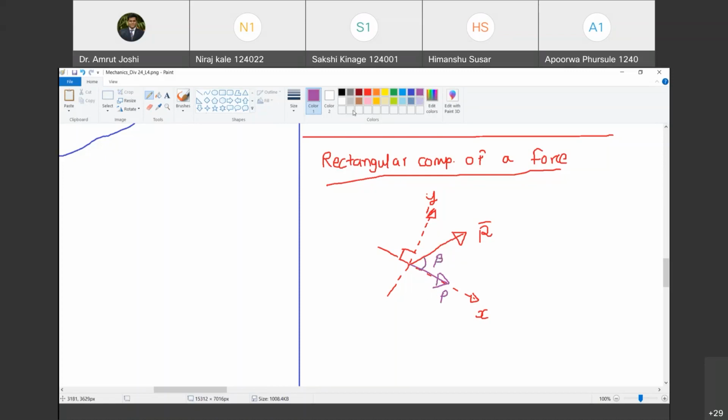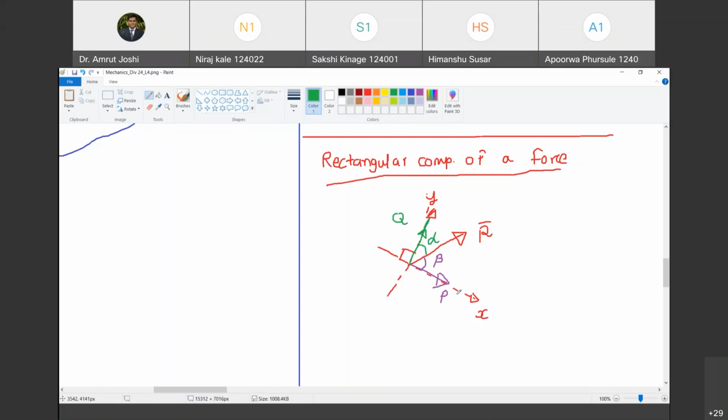Let me call the component along y direction as Q. And how did I denote this angle? By letter alpha. So alpha is the angle between R bar and Q, and beta is the angle between R bar and P.